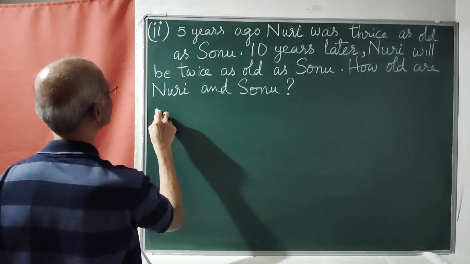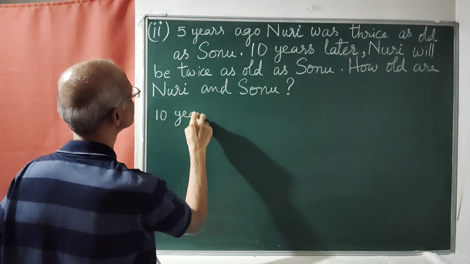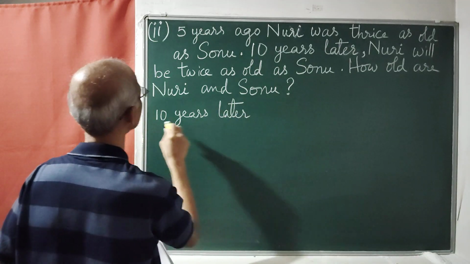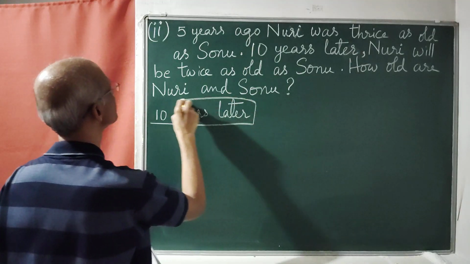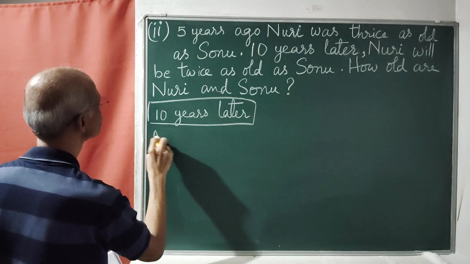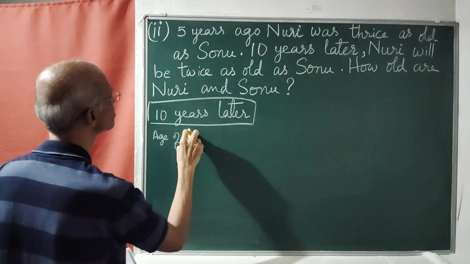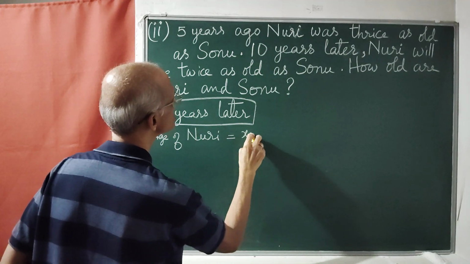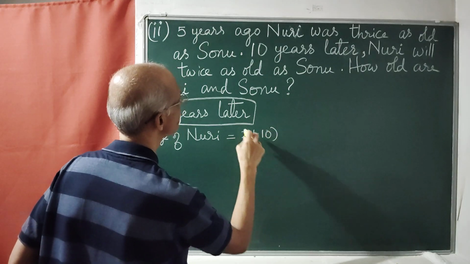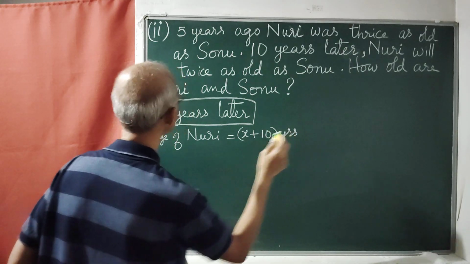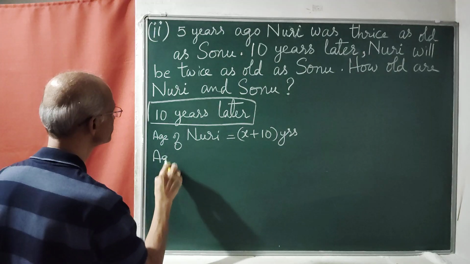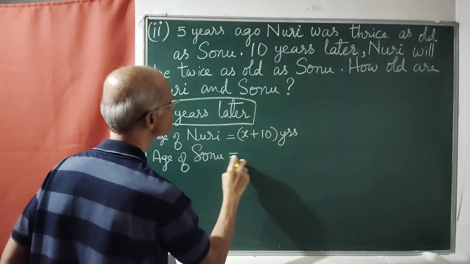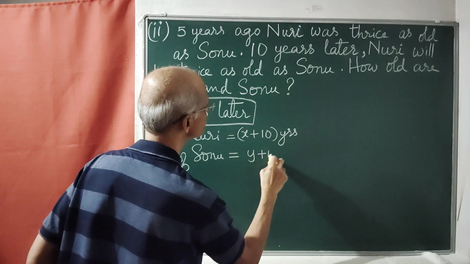So 10 years later, age of Noori will be X plus 10 years. Age of Sonu will be Y plus 10 years.